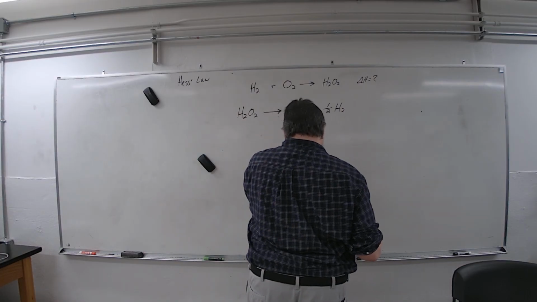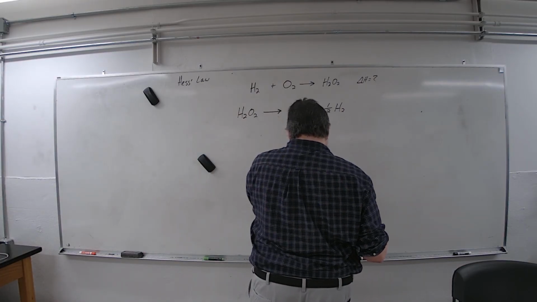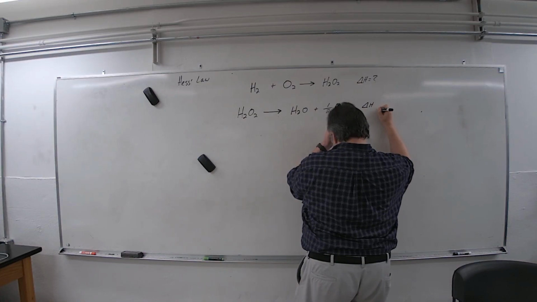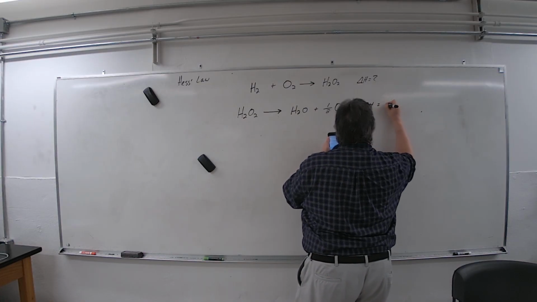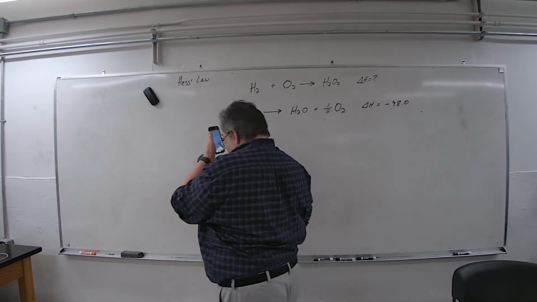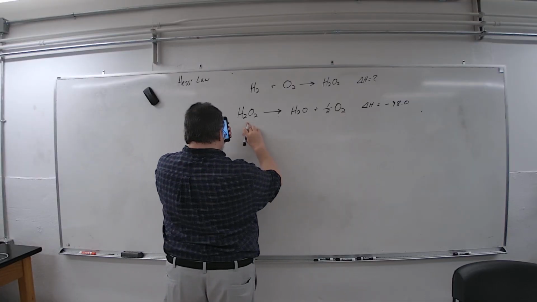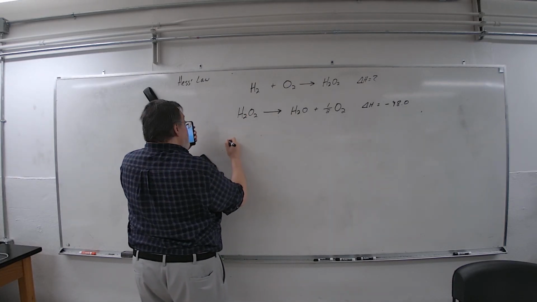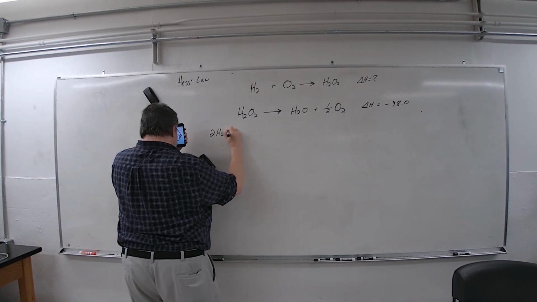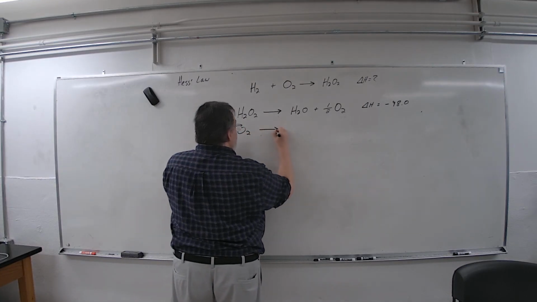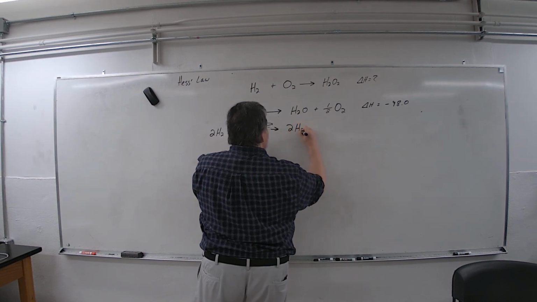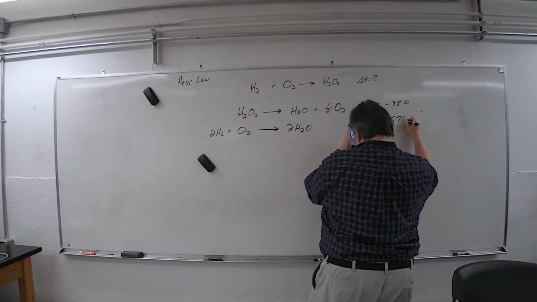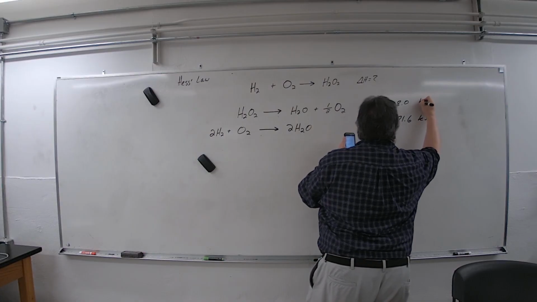H2, delta H of -98.0, H2O2 into H2O plus 1/2 O2. Joules, kilojoules.